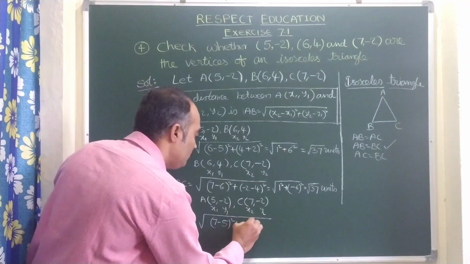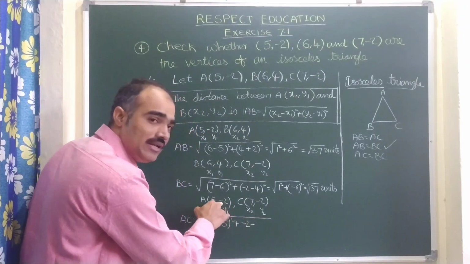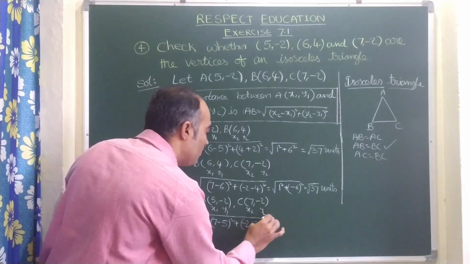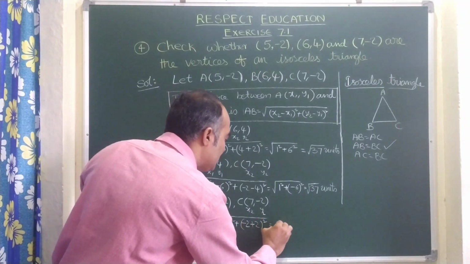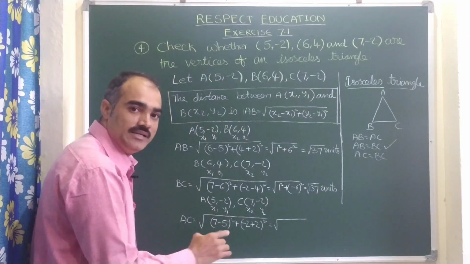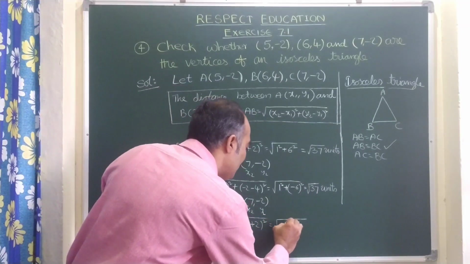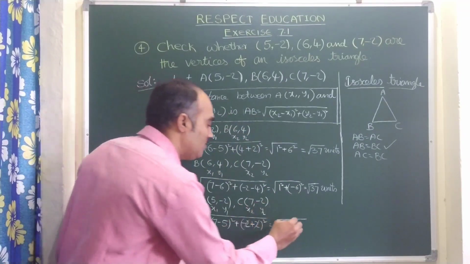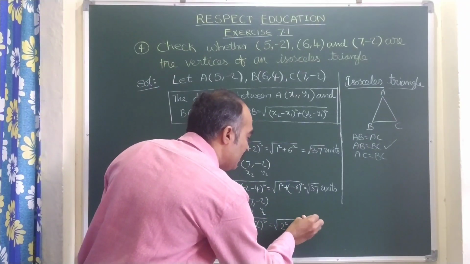Minus 2 minus of minus 2, minus into minus becomes plus. So minus 2 plus 2 whole square. So this is equal to under root 7 minus 5 is 2. So it is 2 square plus, minus 2 plus 2 gets cancelled, that is 0. So it is 0 square, right?